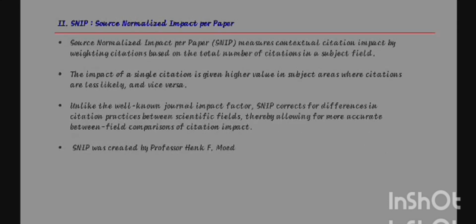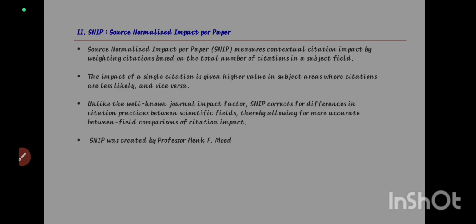Another is SNIP, which is Source Normalized Impact per Paper. It measures contextual citation impact by weighing citations based on the total number of citations in the subject field. The impact of a single citation is given higher value in subject areas where citations are less likely, and vice versa.